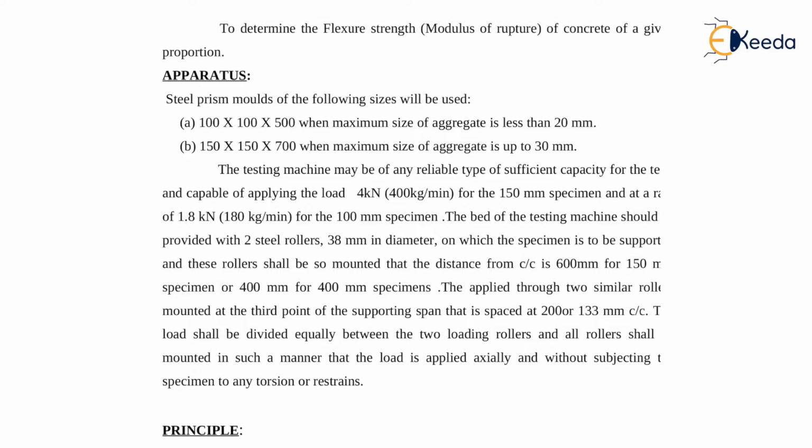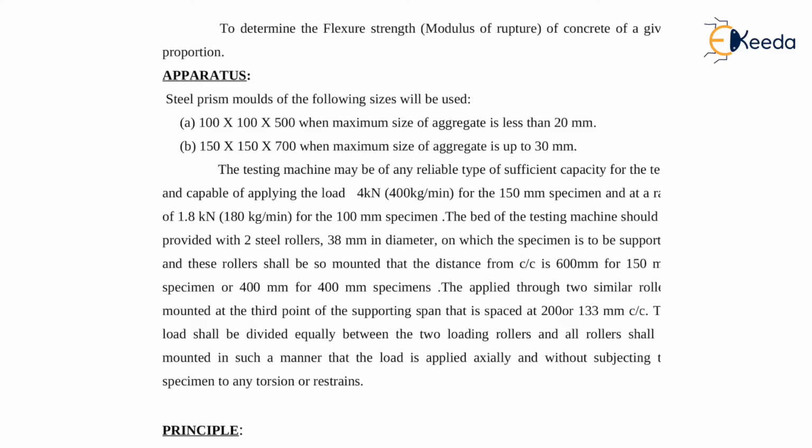So these rollers we can adjust according to the specimen. If we are using the specimen of 150 mm, then the distance from center to center of the rollers should be 600 mm, and if you are using the specimen of 100 mm size, then the center to center distance should be 400 mm.